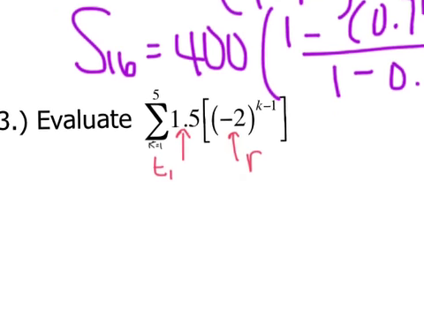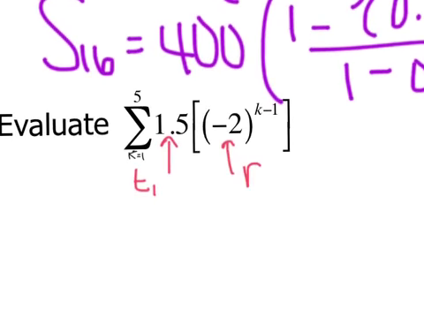If you plug 1 in for k, 1 minus 1 is 0, so negative 2 to the 0 is 1. Times 1.5 is 1.5. So when you plug in 1, you get that number.